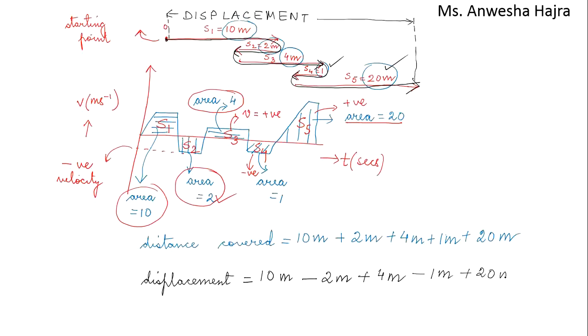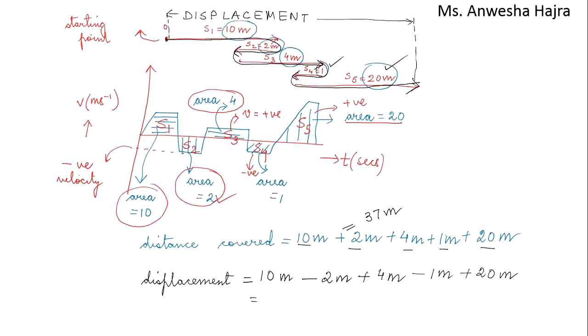So now you see, distance covered is 10 plus 2, 12, plus 4, 16, 17, plus 20, so it is 37. The distance covered is 37. But here, what is my displacement?